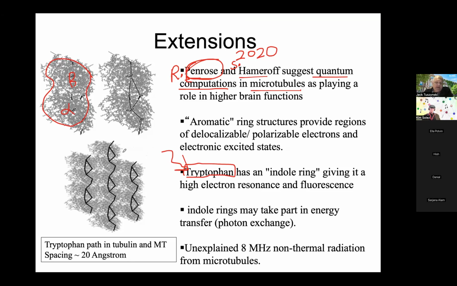And there are 8 tryptophan residues in this building block, 4 and 4 in beta and alpha, with pathways shown here and here on the surface of microtubules, which can be used, just like in the photosynthetic systems, for tunneling of excitons, or quanta of electronic excitations, if there is a source of electromagnetic waves that can excite them.